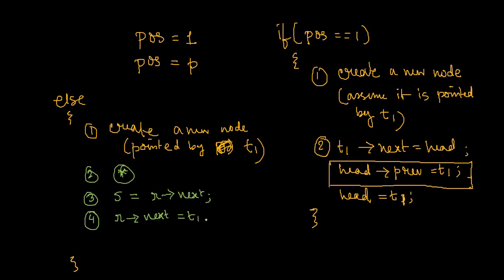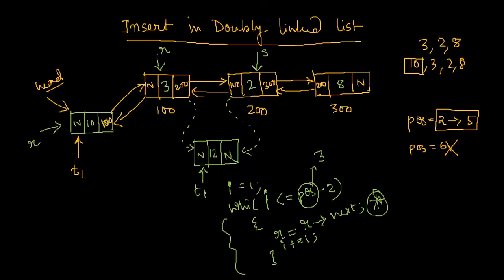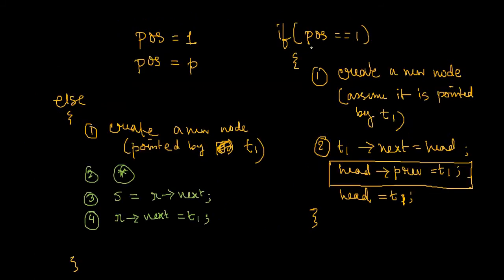As soon as this statement executes, this line will get connected, and this 200 will get replaced by the address of this node, suppose 400. By the way, this null should not be present over here either, because after connecting this one with this, if I assume the address of this is 500, it should become 500. So this was the first situation in case of pos equal to 1.